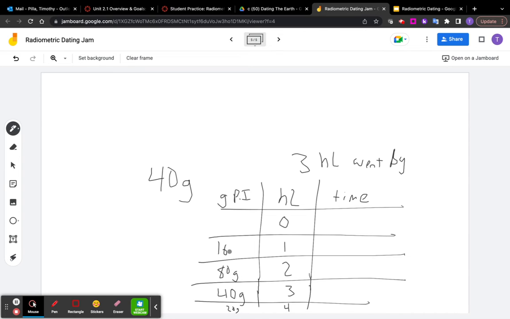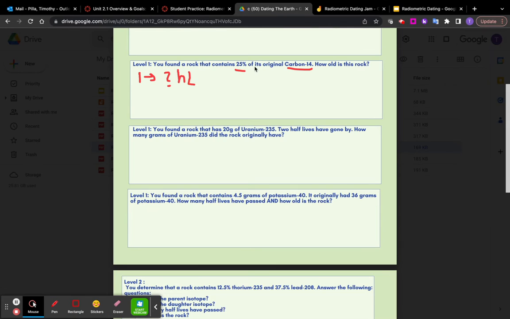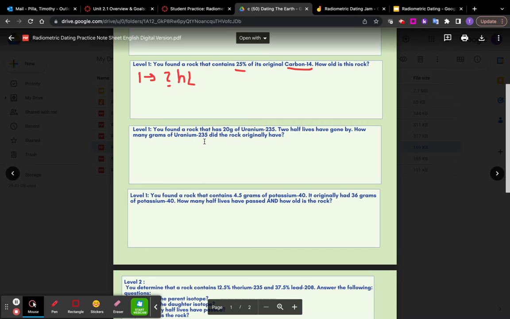Well, 160 grams. How many was there when it first originally started? 160 times 2 is 320. So this one ended up 320. So we know that there was 320 grams at the start, or we can also say at 0 half-lives. So you just kind of have to work backwards for this one, right?